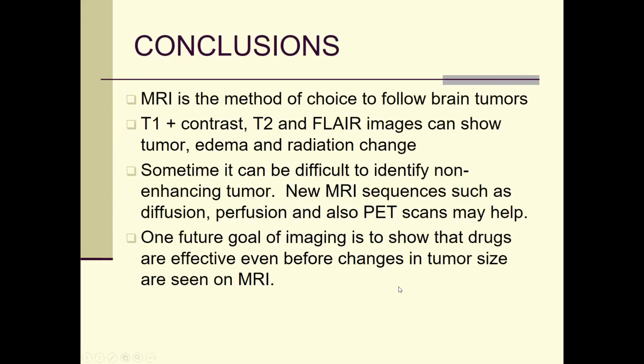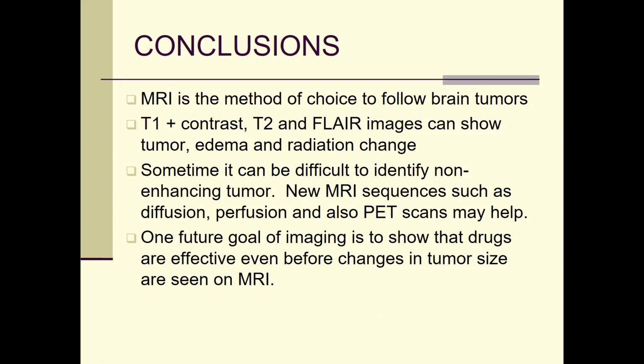So the conclusion: MRI is the method of choice for following brain tumors. T1 with contrast can give you well-delineated enhancement if this is an enhancing tumor. T2 and FLAIR imaging can show tumor edema and radiation changes, and also non-enhancing tumor, for which FLAIR is very important.